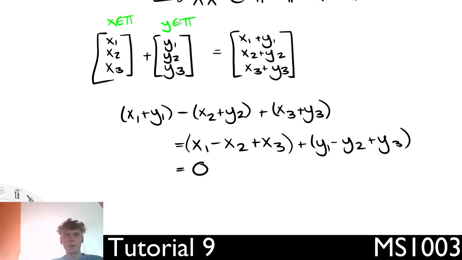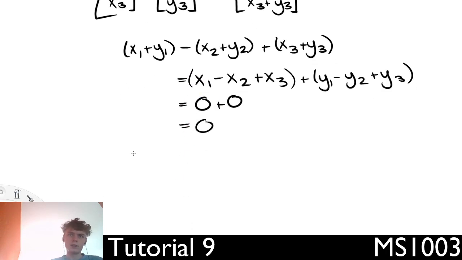Similarly, I know y is in the plane as well, so this has to be equal to 0 as well. And so this vector here has to be an element of the plane. That implies x plus y is an element of the plane.